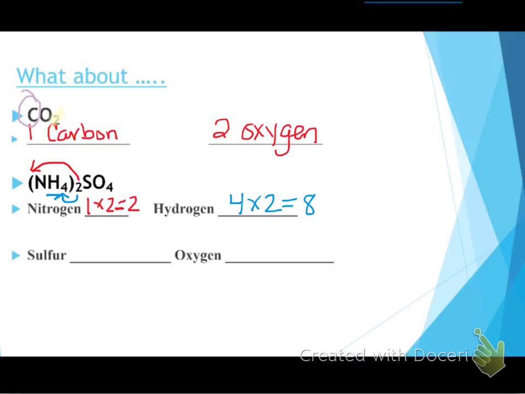Now we're going to look at the sulfur. There is just 1 sulfur, it's by itself, so just 1. And then oxygen has the subscript 4, so there's 4 oxygen. So you have 2 total nitrogen, 8 total hydrogen, 1 sulfur, and 4 oxygen atoms in that compound.